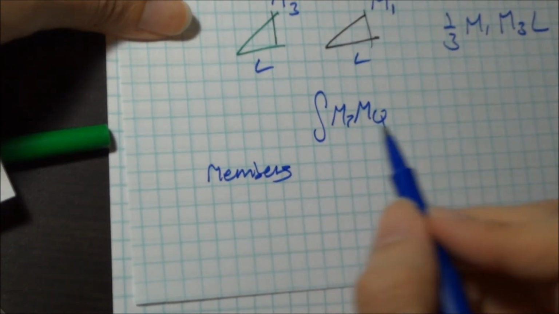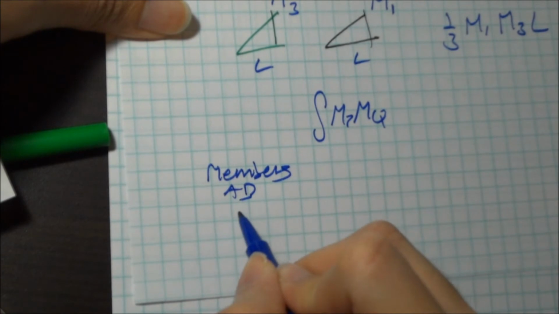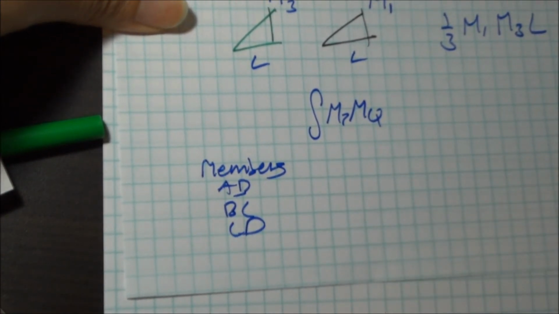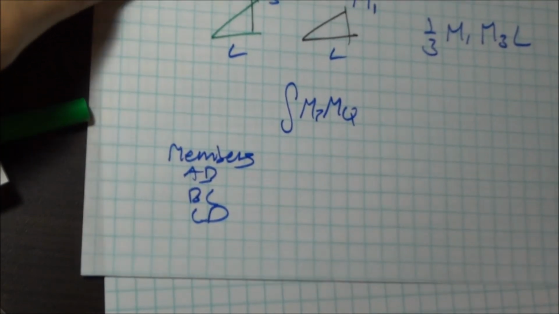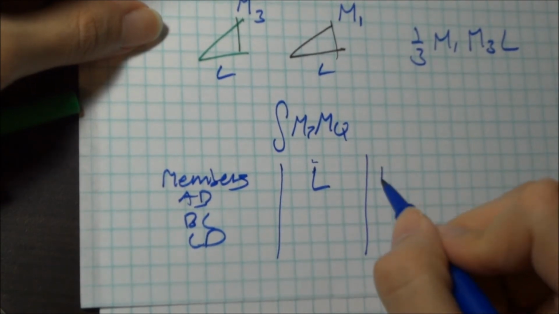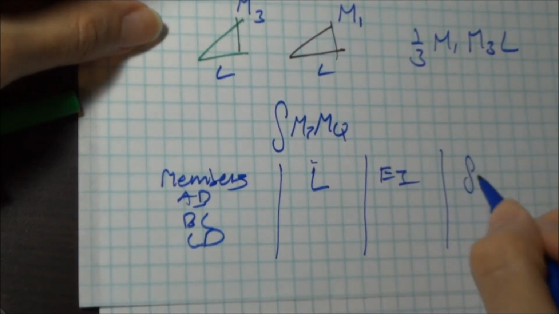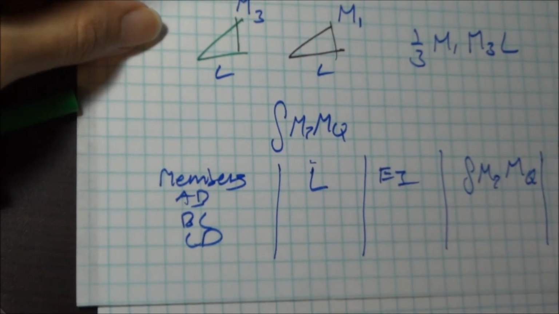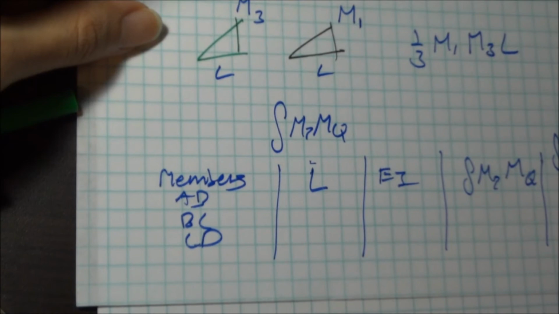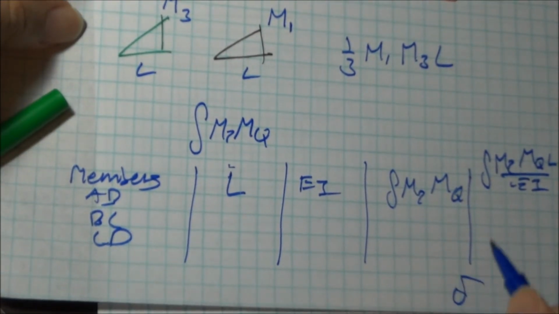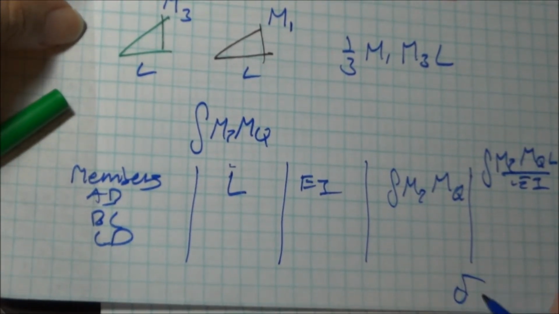My members, let's say this is A, B, B, C, and C, D. And then I would have my L, my EI, then I would have my MP, MQ. And then I would take my integral of MP, MQ on L on EI. That would be the last column. And I would just add all these together to get my deflection due to bending.